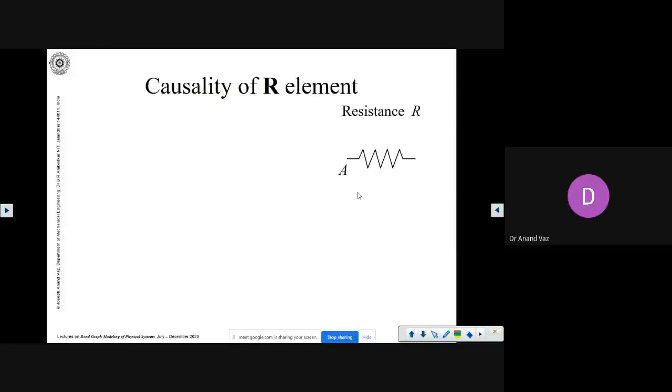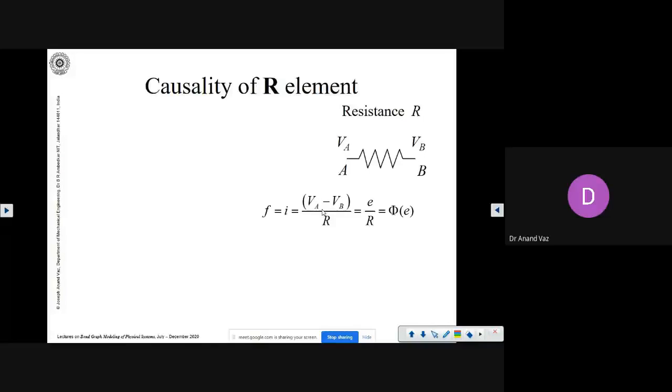Let's say we have the ends of the resistance R, ends A and B, and VA and VB being the absolute potentials at the points A and B. And we can say that the current that is going to flow through this resistance is equal to VA minus VB divided by R, VA minus VB being the potential drop across this.